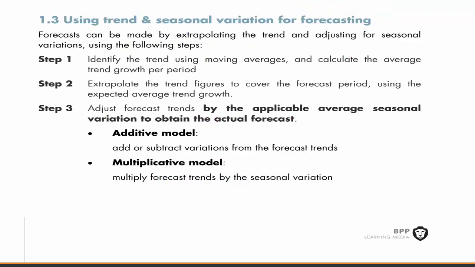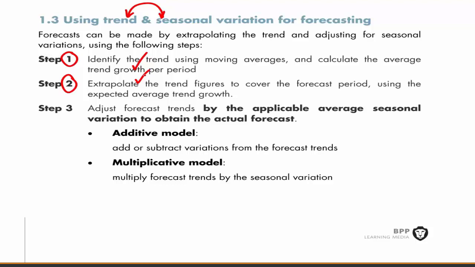So we've been trying to identify seasonal variation so that we can do some forecasting. We're now going to bring together the calculations of trend and seasonal variation and show how we can do a forecast. And this is going to involve, first of all, calculating the average trend growth. Secondly, using that trend figure to forecast, to extrapolate, to look ahead.